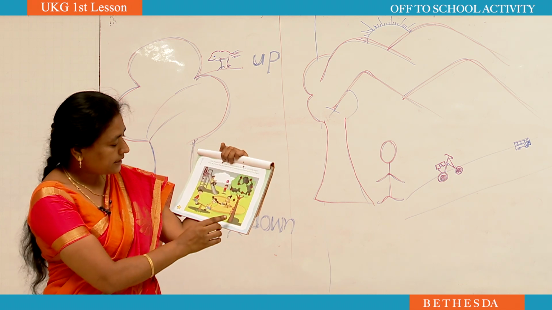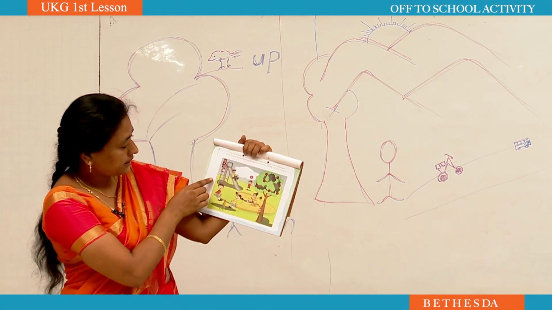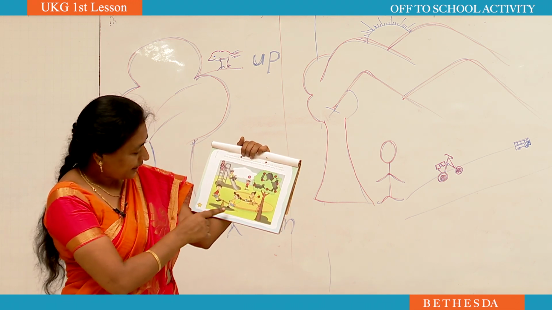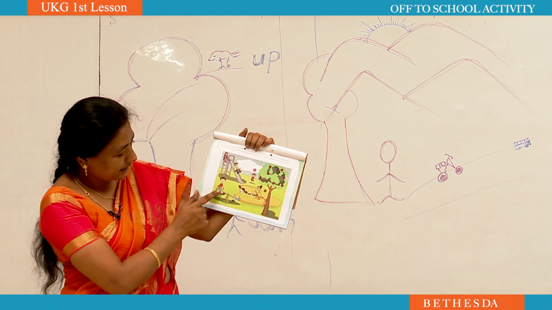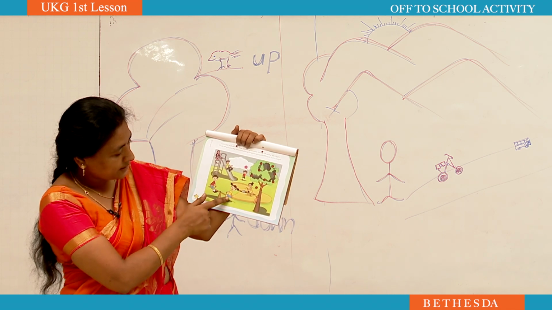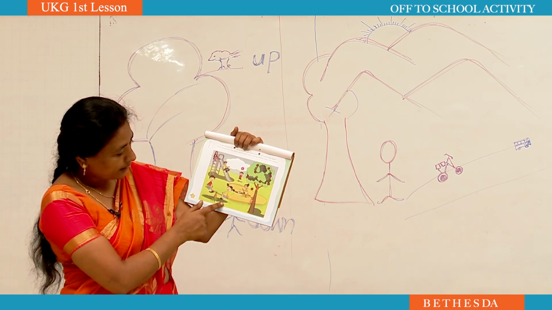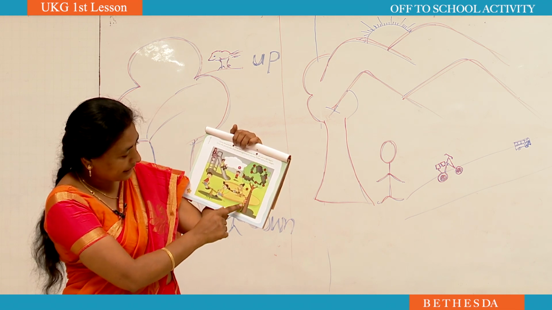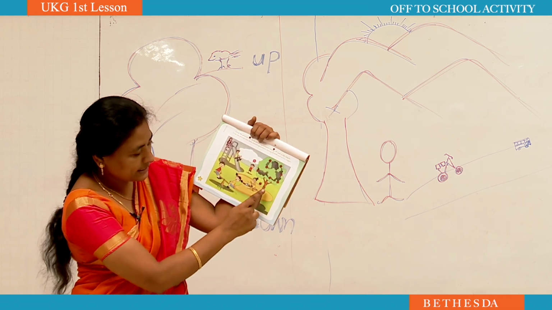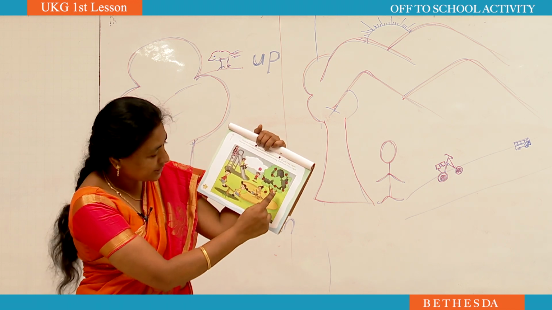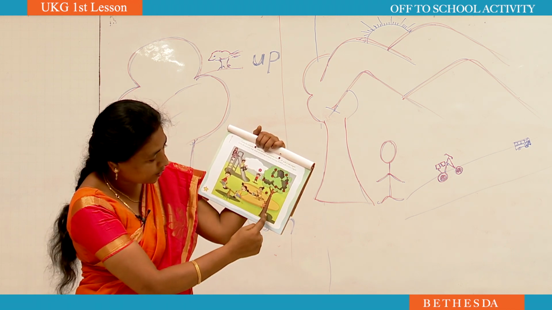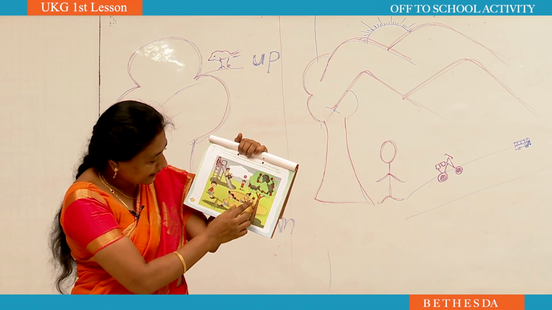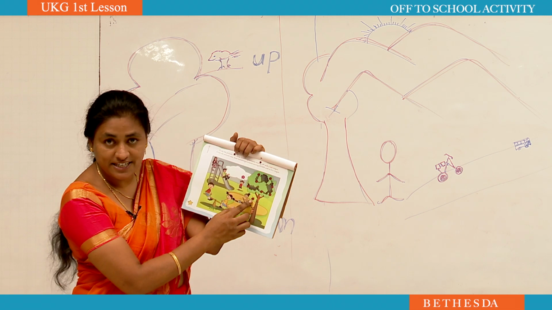This girl is going up the slide. Here on the seesaw, this boy is up, this girl is down. The cat is going up. The squirrel is coming down. These apples are up and one apple is down.